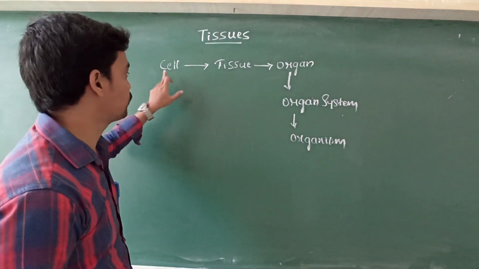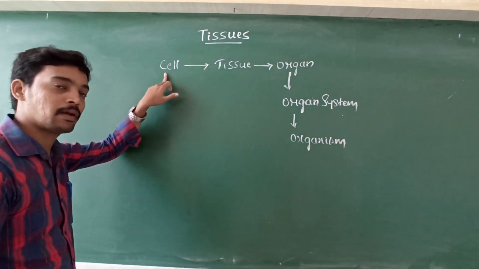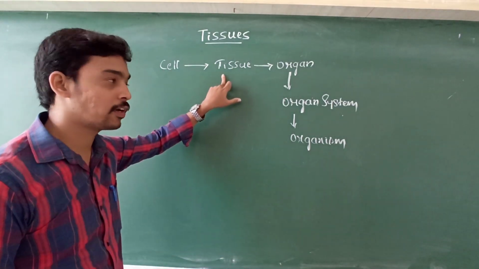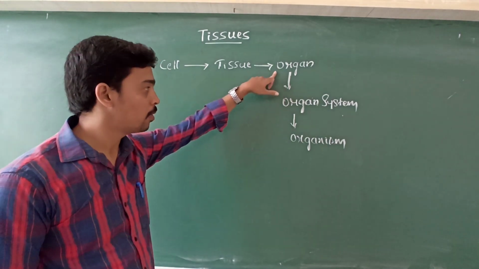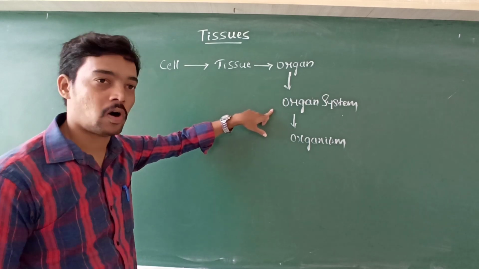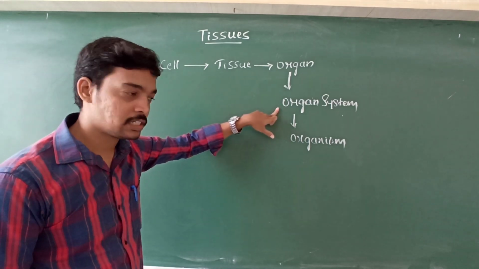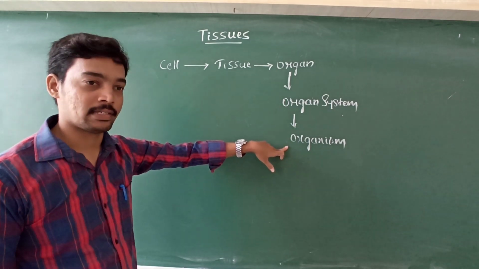An organism is basically made up of a number of cells.